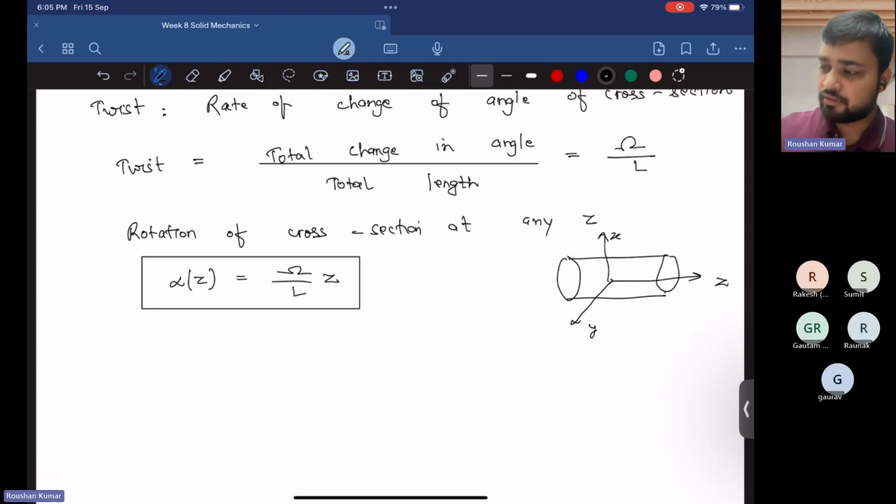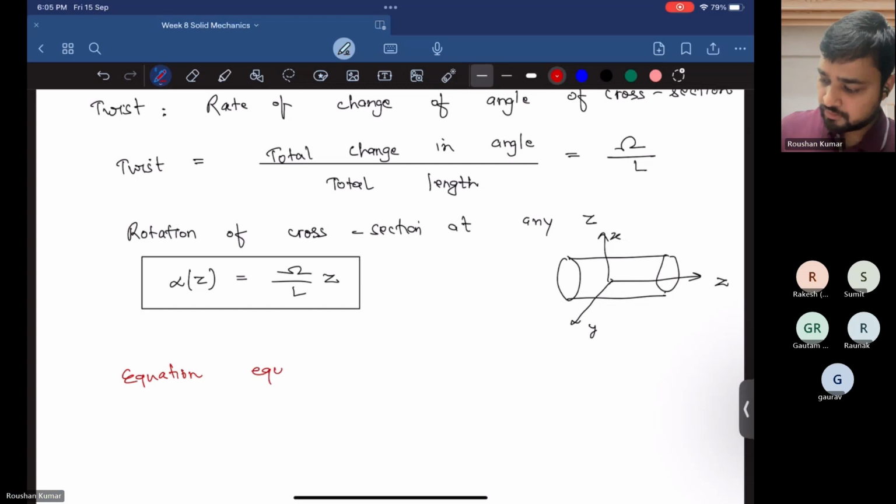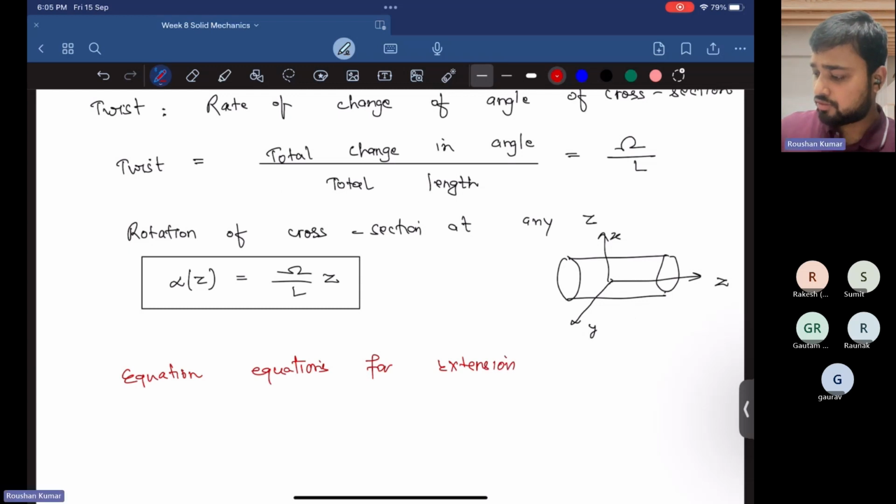Next I will write the equilibrium equations for extension, torsion and inflation.